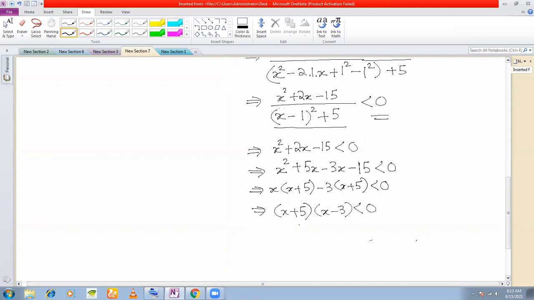That means by the method of intervals, if you put x minus 3 equal to 0, you get x equal to 3. If you put x plus 5 equal to 0, you get x equal to minus 5. So because this is a less than sign, x must lie between minus 5 and 3. Right? Any question?